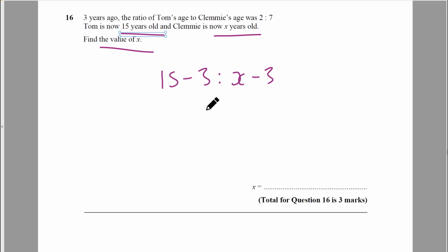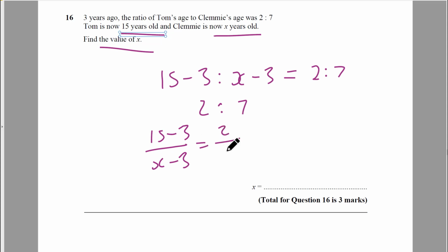Right? And that ratio is equal to 2 over 7. So 15 minus 3 over x minus 3 is going to equal 2 over 7.